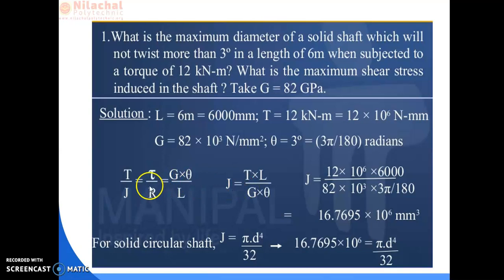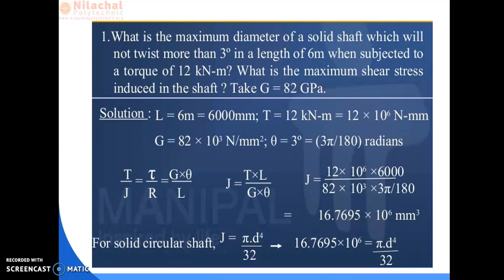So J is equal to TL divided by G theta. Now putting the value of T and L, we have 12 into 10 to the power 6 into 6000, divided by 82 into 10 to the power 3 into 3 pi by 180. After calculation of the above expression, we get J is equal to 16.7695 into 10 to the power 6 mm to the power 4.